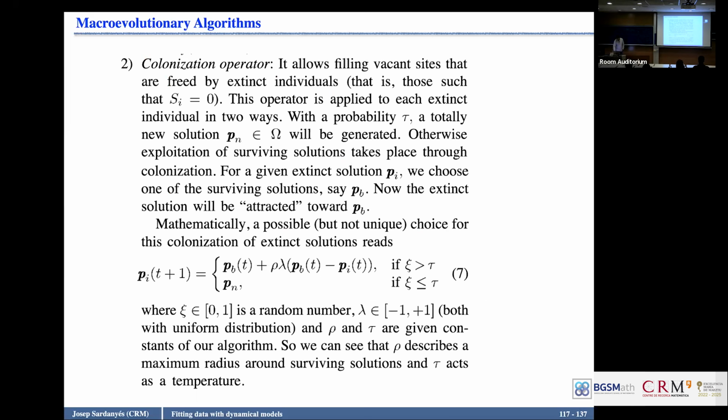Okay, colonization operator. This is when we introduce this small variation. And here, an important thing is that with the macroevolutionary algorithm you can also do annealing. What does annealing mean? It means that at the beginning the temperature of the system is very large and you have a lot of noise, fluctuations that can make the solutions jump randomly.